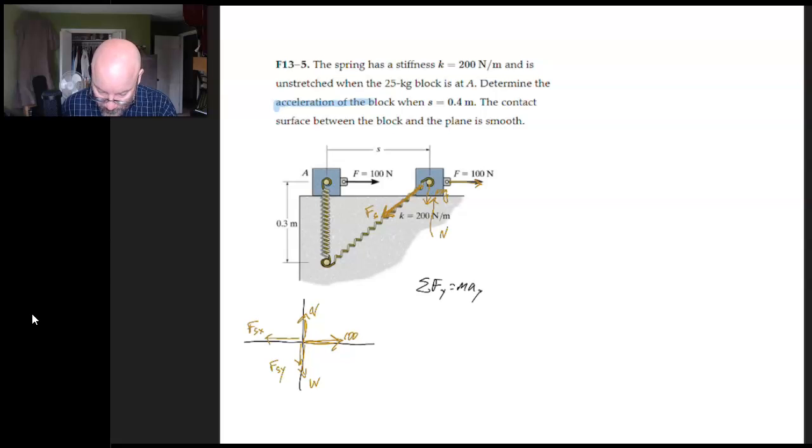Sum of forces Y equals MAY. So we've got the normal up, the Y component of the spring down, and the weight down, and that's 0. So if we needed that normal component, we would have the weight plus the vertical component of the spring. Now that vertical component of the spring is going to depend on our angle.